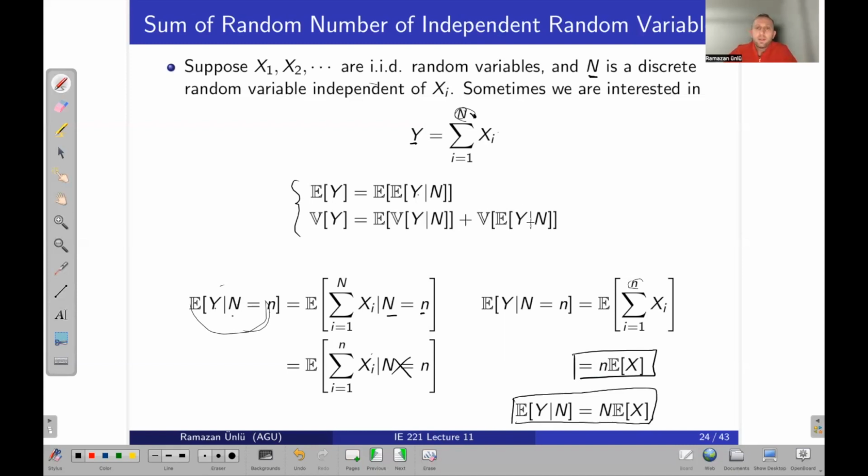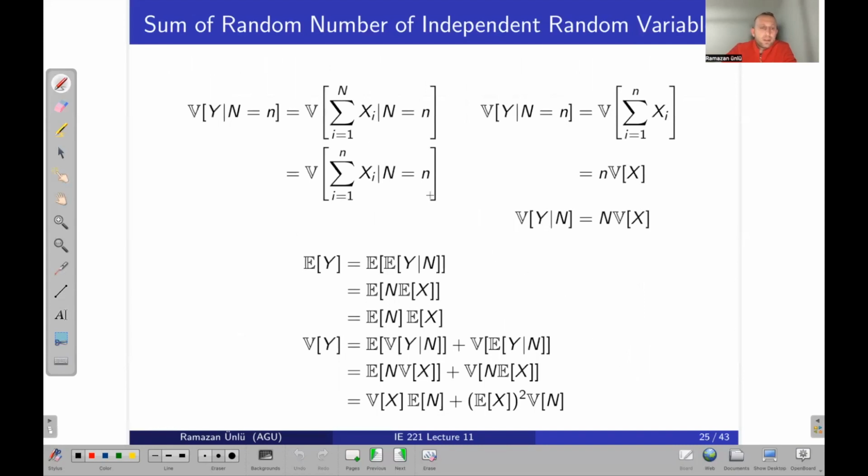In summary, N is independent from the Xi, and if I want to calculate the conditional expectation of Y given the number of random variables, it is the number of random variables times the expected value of the random variable X. Don't forget the Xs are independent and identically distributed, and that's why I write the expected value of X, because they will be the same.